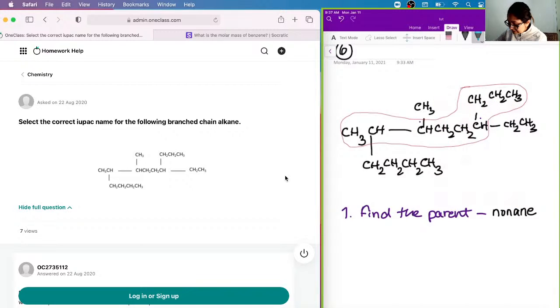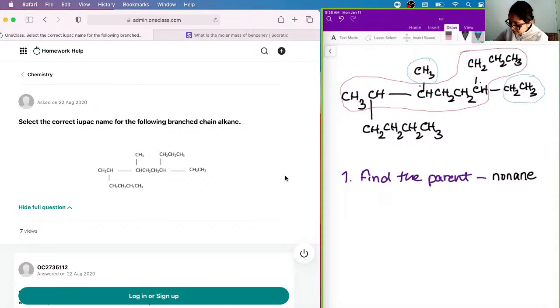You can see that we have a methyl group right here, and an ethyl group right here. We know that this is an ethyl because it has 2 carbons. And we have another group right here, and this is a 1, 2, 3, 4. So this is a butyl group.